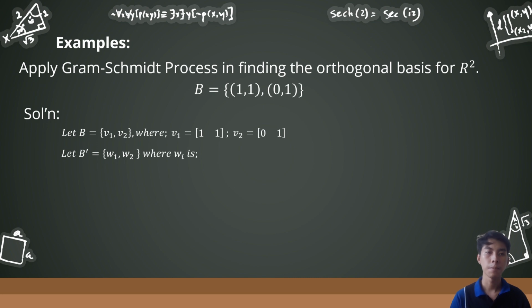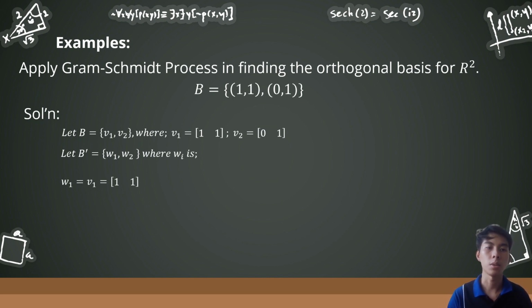Then next is to find the new vectors for our b prime to find the orthogonal basis for R2, since that is what the question is asking for. So let b prime be equal to a set of vectors w sub 1 and w sub 2. Do you remember how to find w sub 1 or w sub 2?